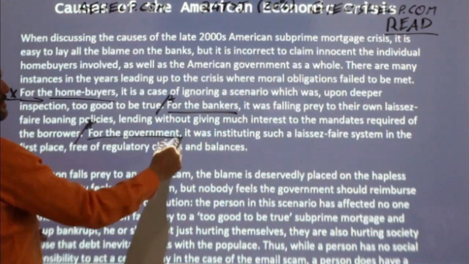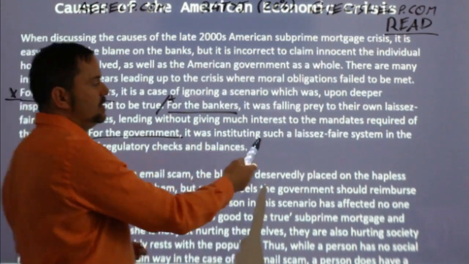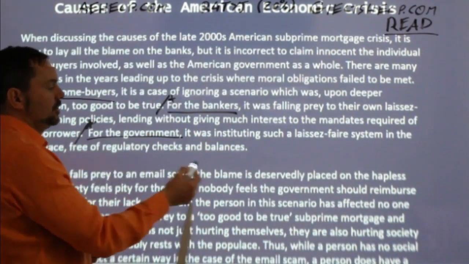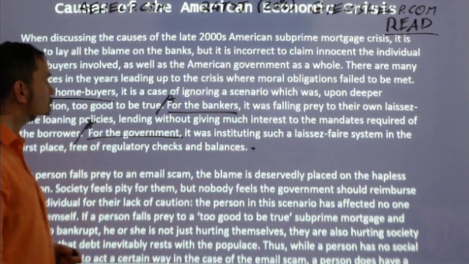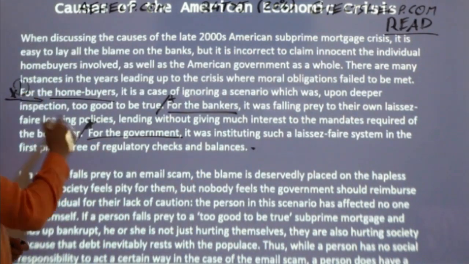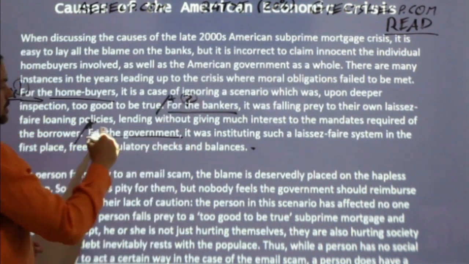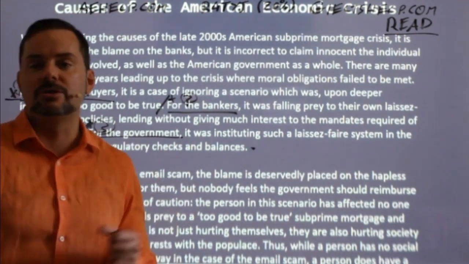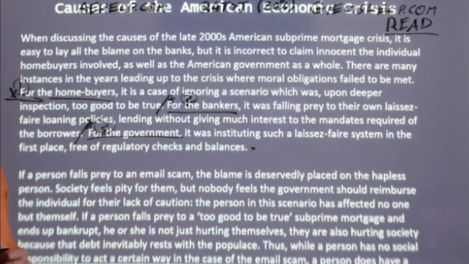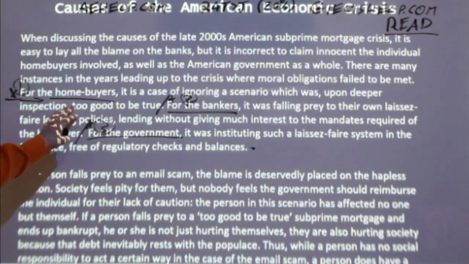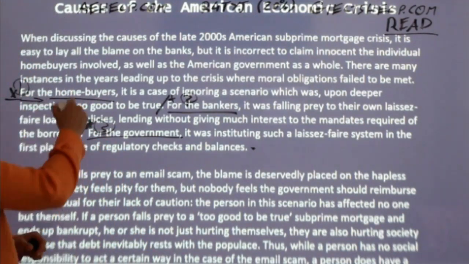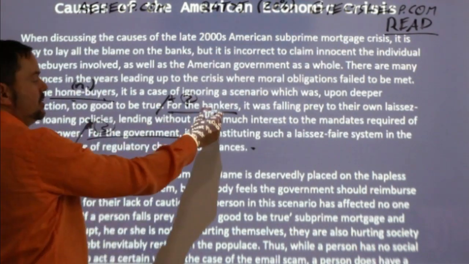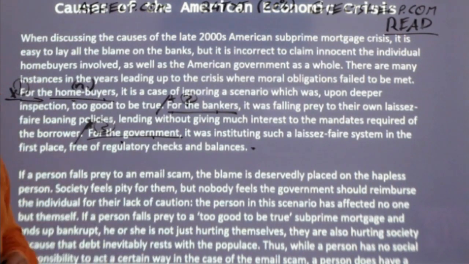For the government, it was instituting such a laissez-faire system in the first place, free of regulatory checks and balances. So here you have 1, 2, 3. Did everybody catch that when we read the introductory paragraph? Did you notice this order of information? The subject nouns. So home buyers, bankers, government.